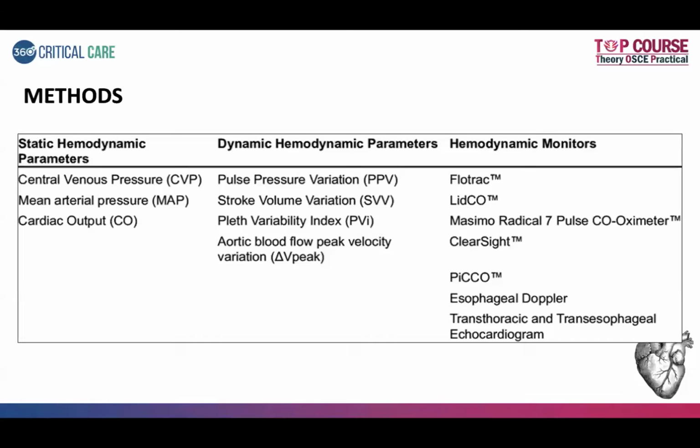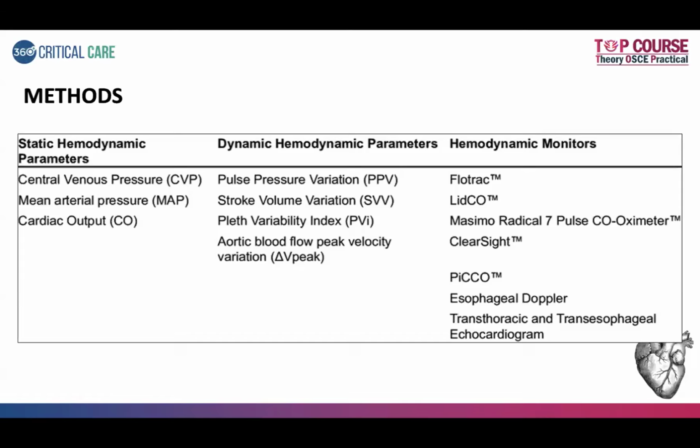Some of the static hemodynamic parameters could be pressure based, like central venous pressure, pulmonary artery occlusion pressure, or volume based, like the end diastolic volume, LV end diastolic volume, RV end diastolic volume, global end diastolic volume. Dynamic parameters would be pulse pressure variation, that is, with the heart lung interaction you are giving a preload challenge, and how the change happens dynamically.